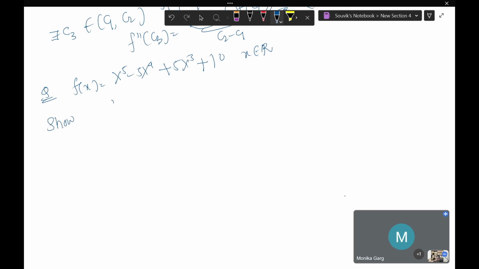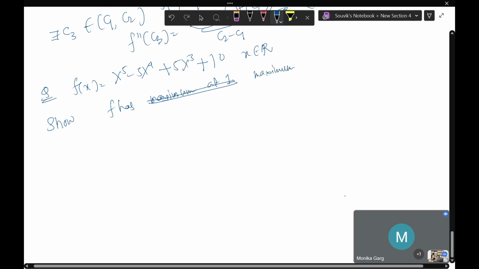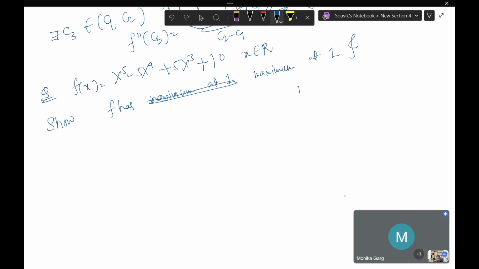Show that f has a maximum at 1, a minimum at 3, and it has neither maximum nor minimum at 0.